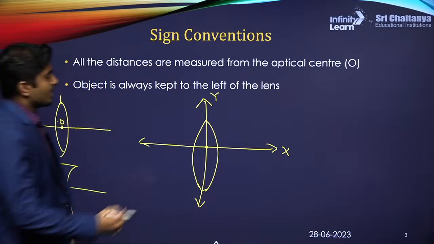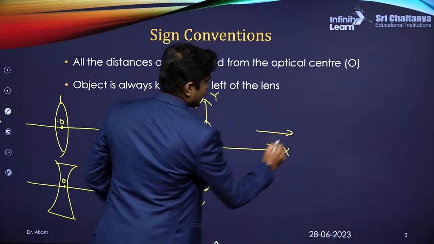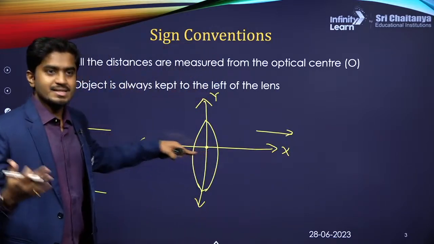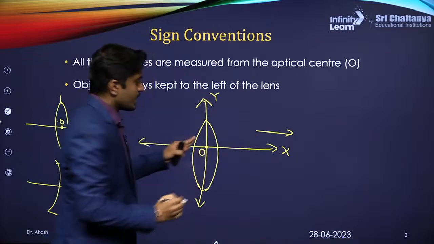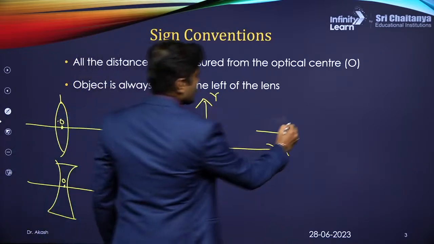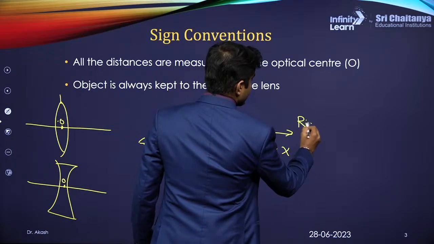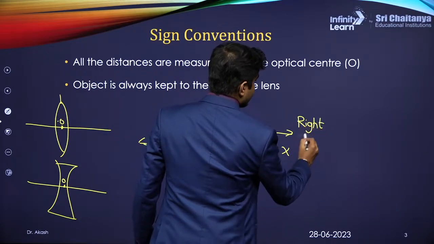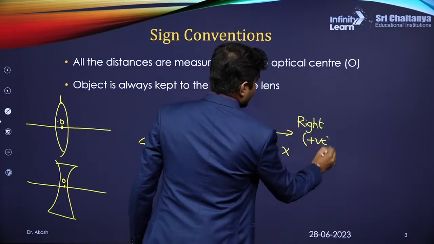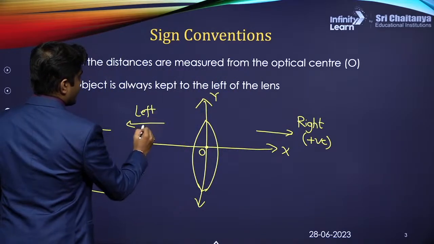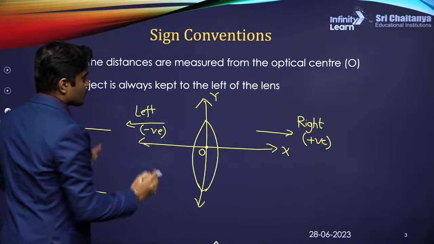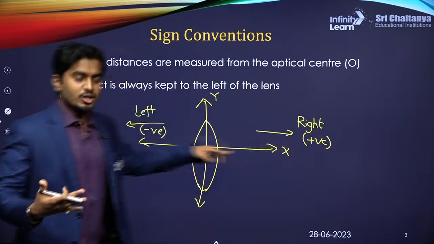Now all the distances along the x-axis you measure from this optical center. If you go towards the right, this is positive, and if you go towards the left, this would be negative.